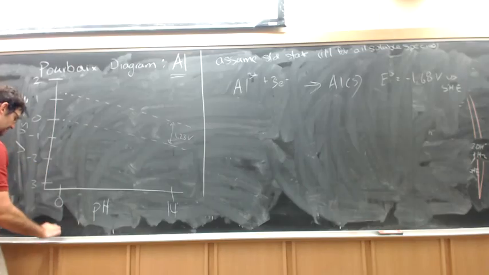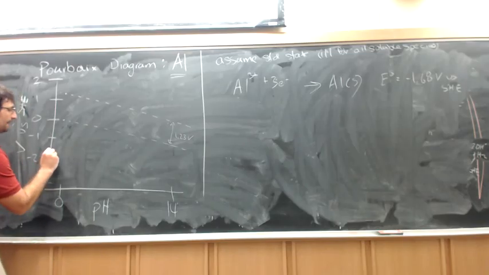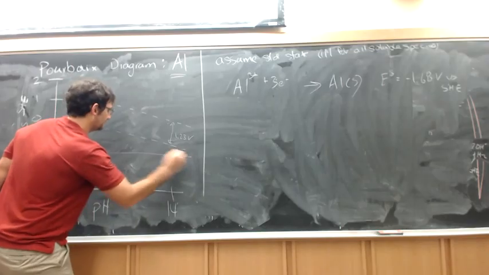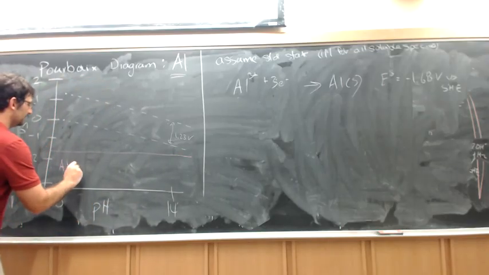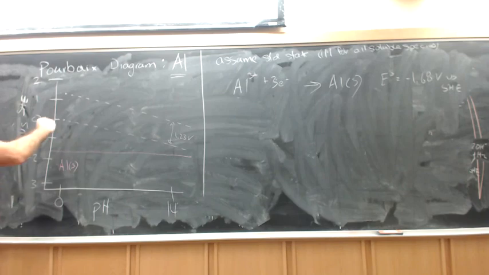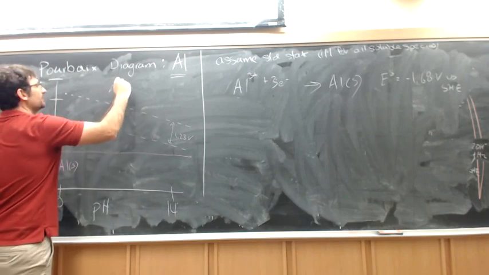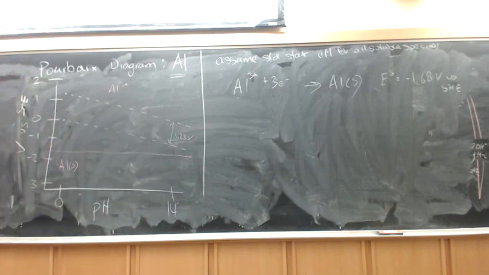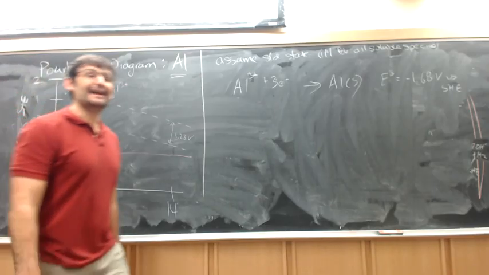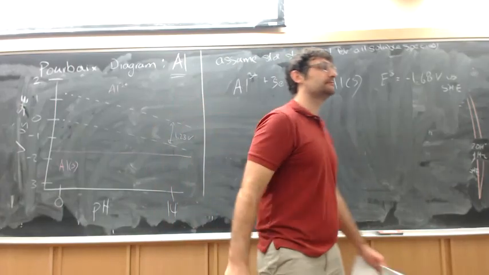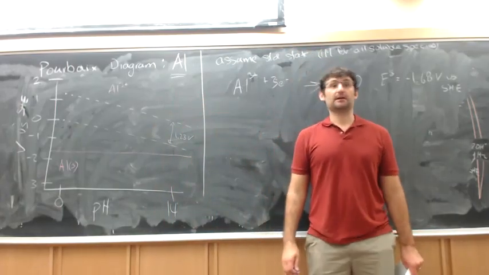We can just pick a different color, make it a little cuter. I could say aluminum down here, and this is going to be aluminum solid. And then I'm going to have aluminum 3 plus broadly up here, right? But if you know anything about aluminum chemistry, does aluminum exist as an aluminum 3 plus cation at all pHs? No, it doesn't.